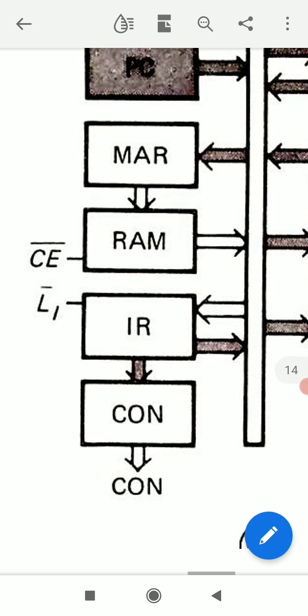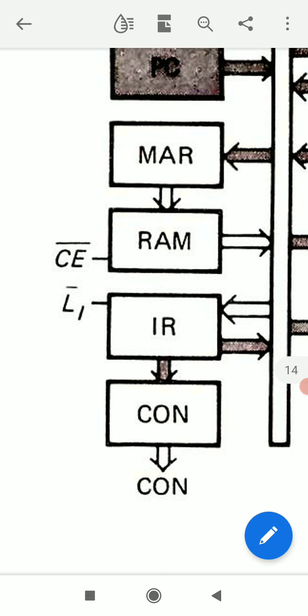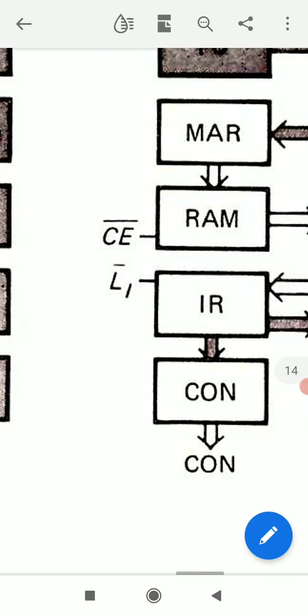and from this W bus this instruction goes to IR instruction register only when this LI bar is active. LI means load instruction register, L for load, I for instruction register.